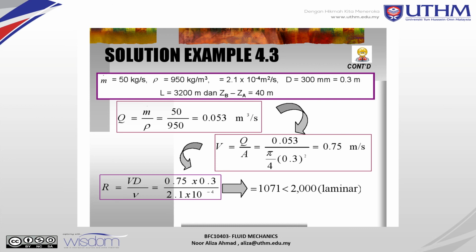So we use Q is equal to M, mass, over density. So we get Q from this equation. From the Q here, you find the velocity. Velocity is equal to Q over A, so we get 0.053.